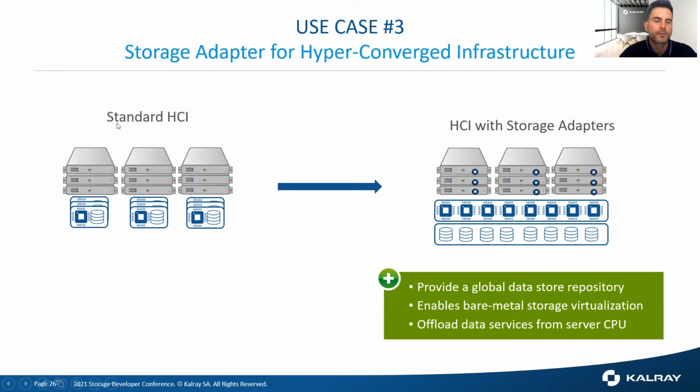The idea is to put a storage adapter in each of those hyper-converged servers and use those storage adapters to provide a global data store repository to the full HCI cluster.